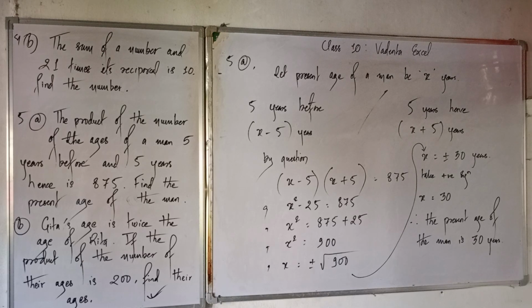If we consider Rita's age as x, then Gita's age will be twice x. If the product of their ages is 200, find the ages. So you have to find the ages of both Gita and Rita.